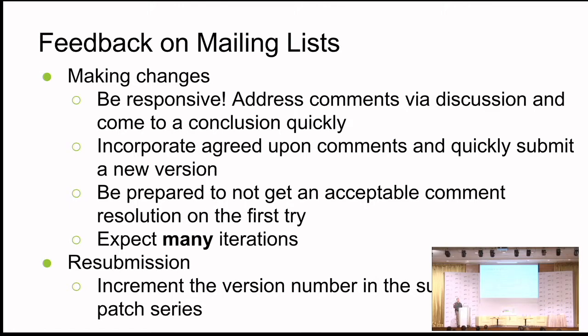It might be something more complex or controversial or in flux, so you could easily spend 10 revisions, which can take months to go through. As we showed earlier in the subject lines, you increment the version number in the subject line every time. Git format-patch will do that for you. Really nice tools. They're all well documented.